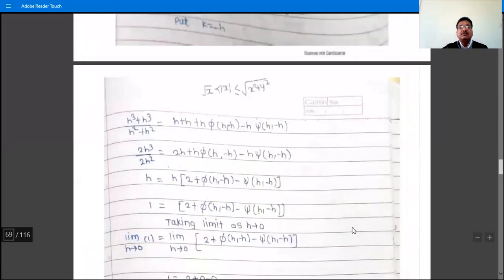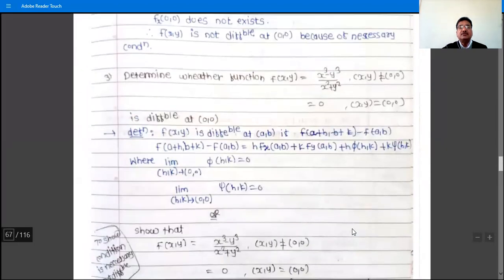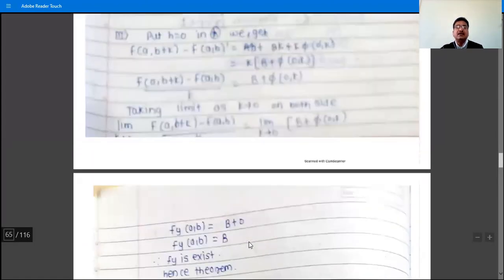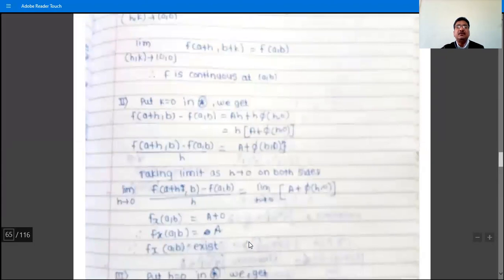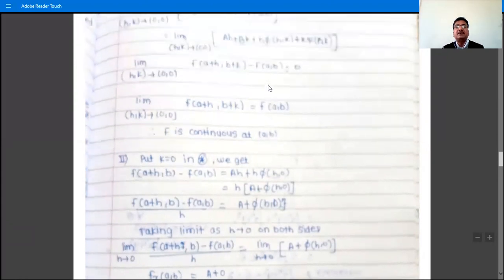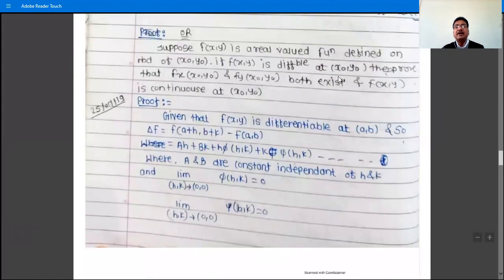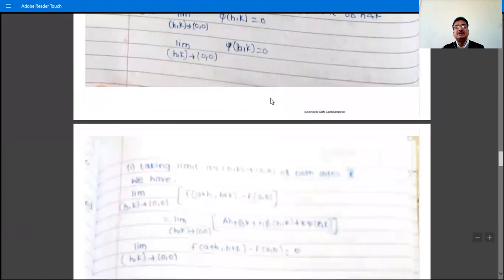So we have that the limit as (h,k) tends to (0,0) of f(a plus h, b plus k) is equal to f(a,b), and therefore the function is continuous at (a,b). So this is the first part: if the function is differentiable at (a,b), then the function is continuous at (a,b).